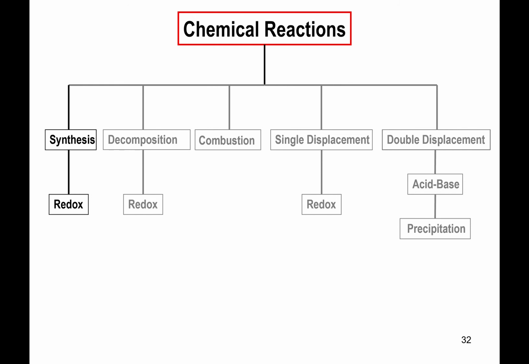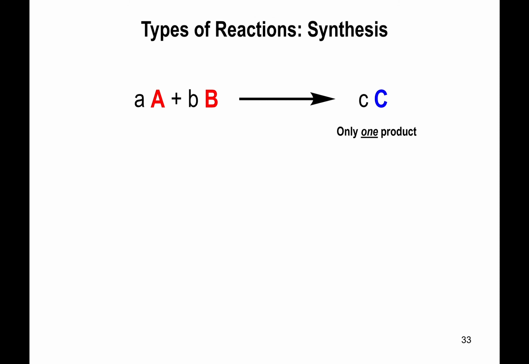All right, so let's talk about synthesis and decomposition really quickly before we end this video. All right, so synthesis reactions, by definition, are those where you start with multiple reactants and you produce only one product. Now, that's not to say that you're going to get 1 mole of that product. The coefficient, lower case c here, could be any number. This could be 2, 3, 4, what have you.